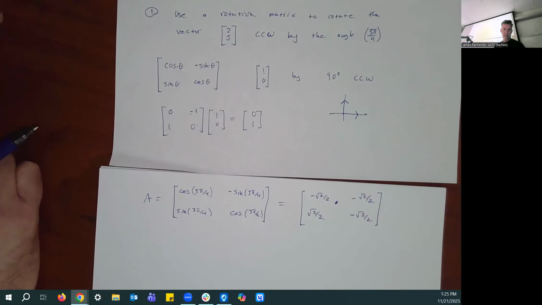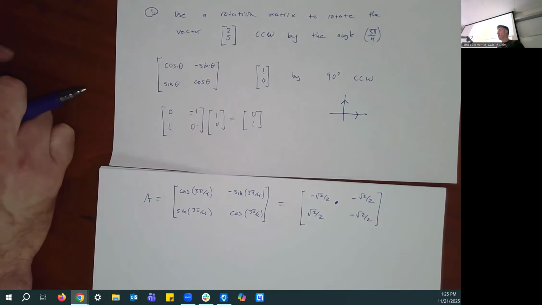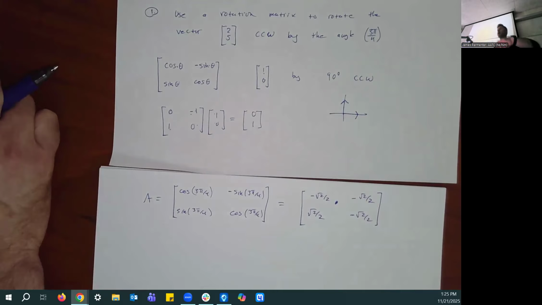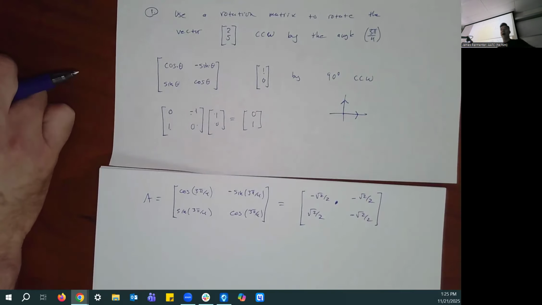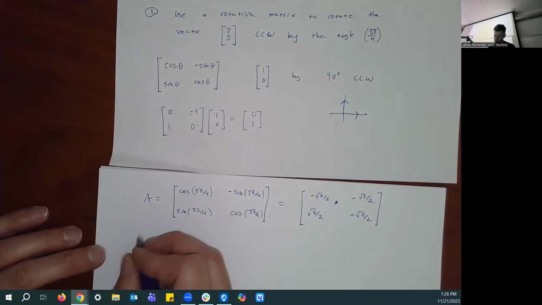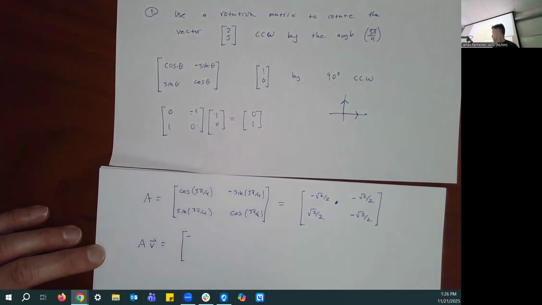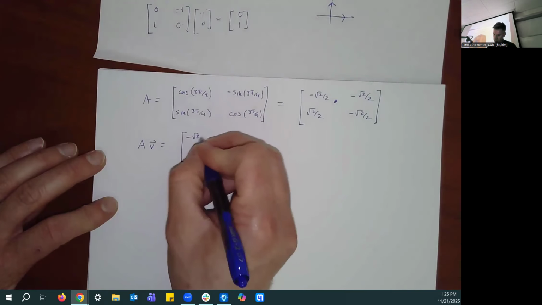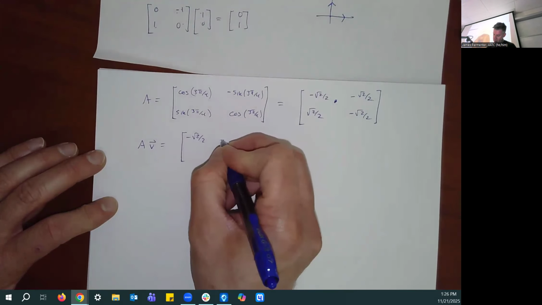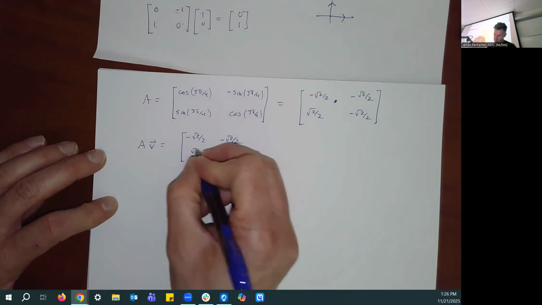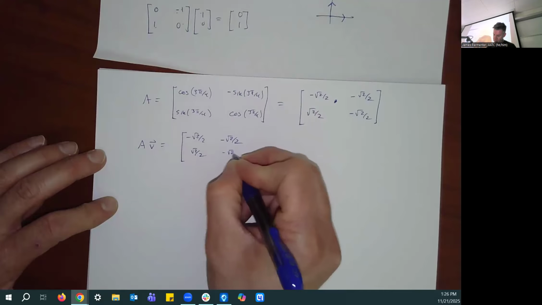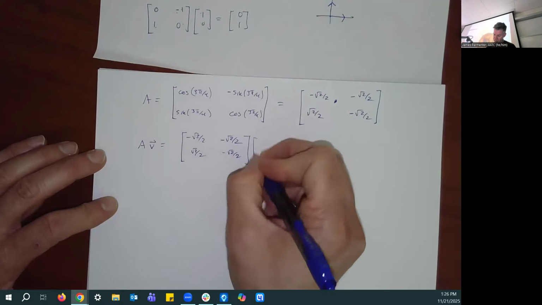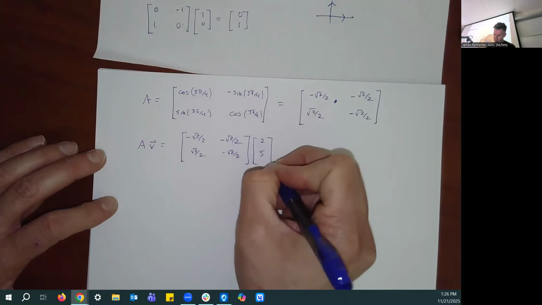And then we actually have to do what the problem says, right? It says use this matrix to rotate your vector. So then you actually have to multiply your vector by this matrix. A times our vector is going to be negative root 2 over 2, root 2 over 2, negative root 2 over 2, multiplied by the vector 2, 5, which is not pretty, but it's fine.